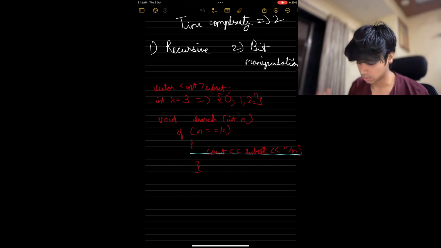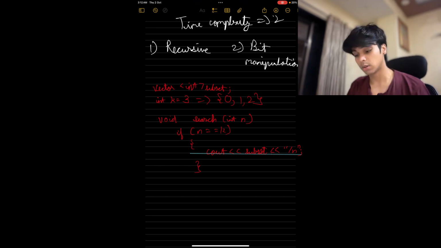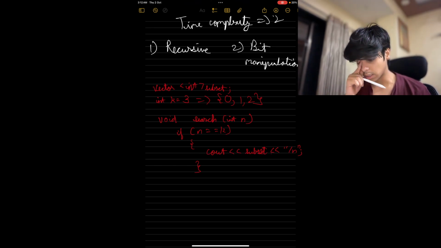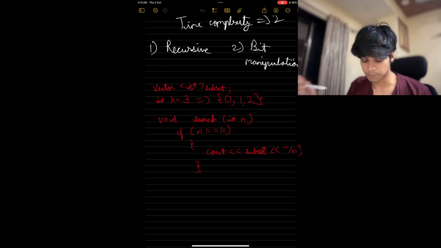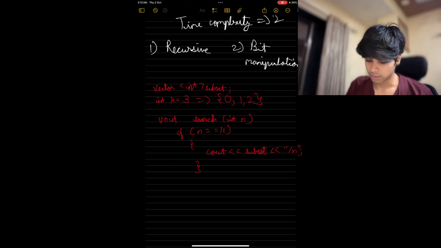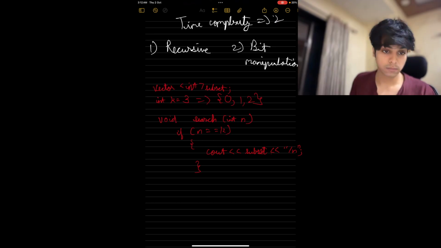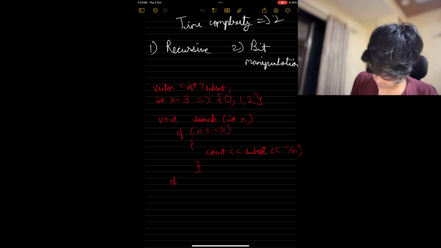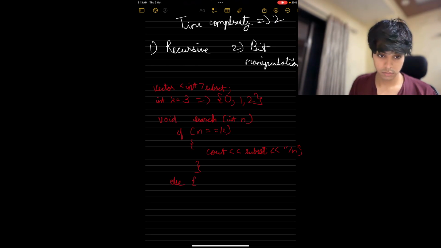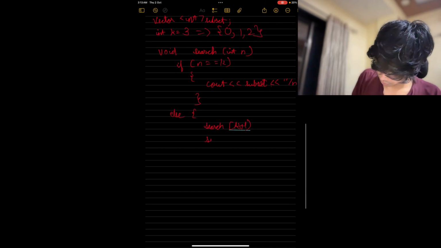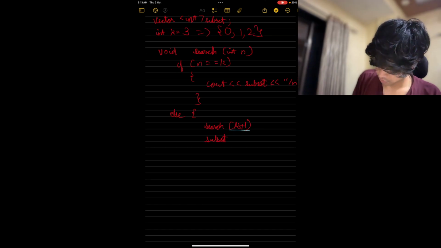So this is that. Here if n is equal to k, like the input in our search will be equal to the total size of a set, then it will output the subset. This temporary subset which will be called is created here. This is subset.